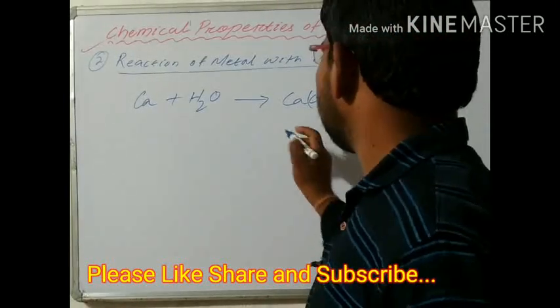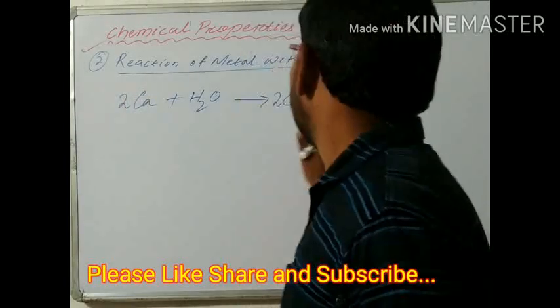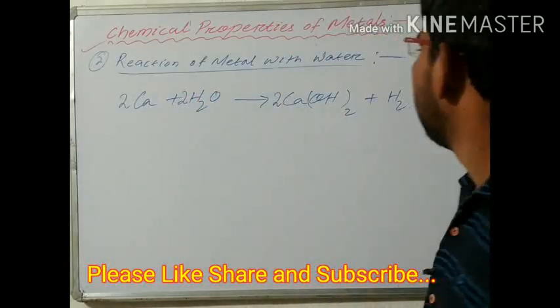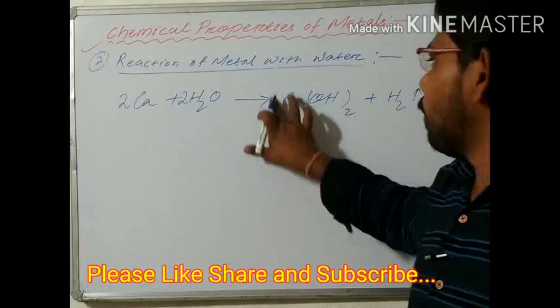We have to balance this one. 2 multiply 2, hydrogen 2 to 4, then we have to multiply 2. Okay, calcium hydroxide plus hydrogen gas will be formed.